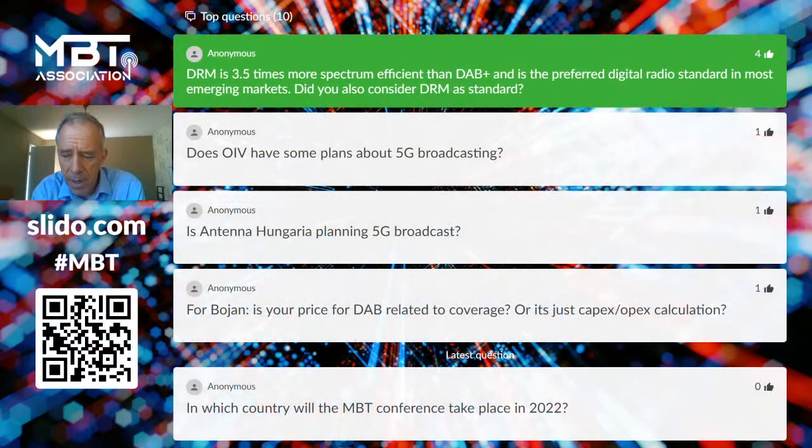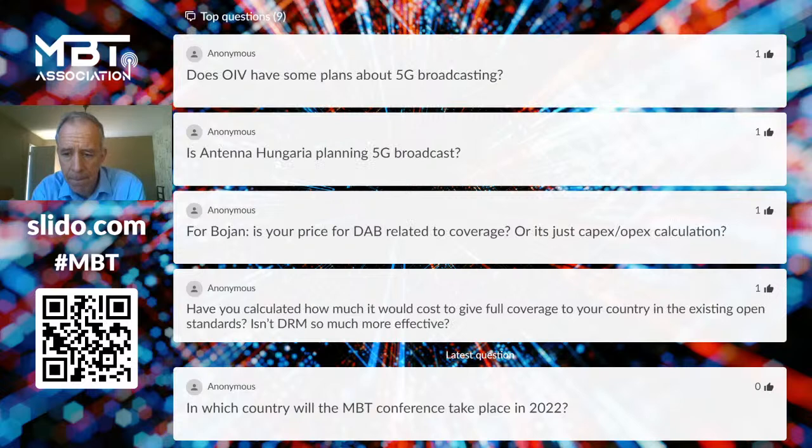I'm not aware of any which would compete in price with DAB receivers. As I said, we've sold over 90 million receivers, which means the prices are mass market. Unfortunately, the same is not true for DRM or DRM+. So from a practical point of view, in Europe, the only feasible solution is DAB+.